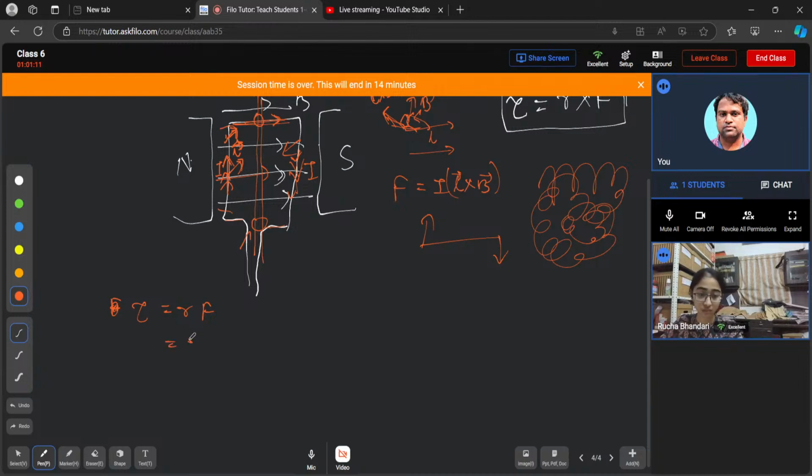Now R is basically the half distance here.